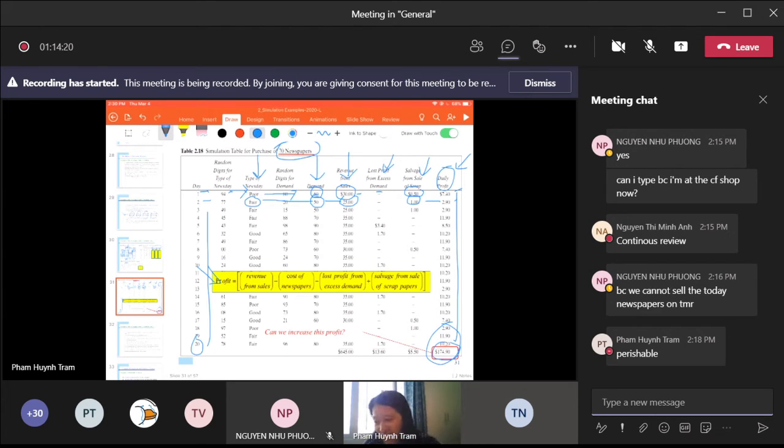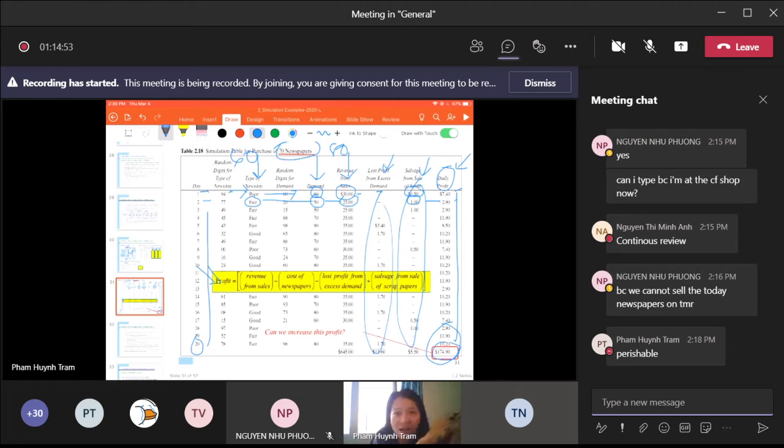You may increase this to 80 and try if you can improve the profit after 20 days or not. Or you may reduce 70 to 60. Depending on how many times you observe the shortage or the excess demand happening, you will decide intuitively whether you should increase or reduce the number of newspapers, and then compare the profit.